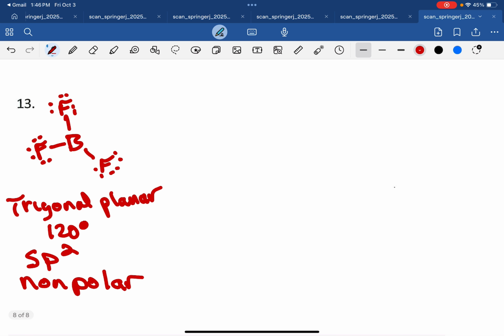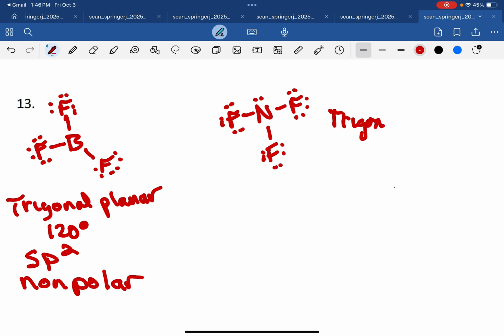NF3 is the other part of that. And the lone pair on the end. That makes it trigonal pyramidal. Makes the bond angles just under, it would be tetrahedral with the 4 bonding or 4 electron domains.